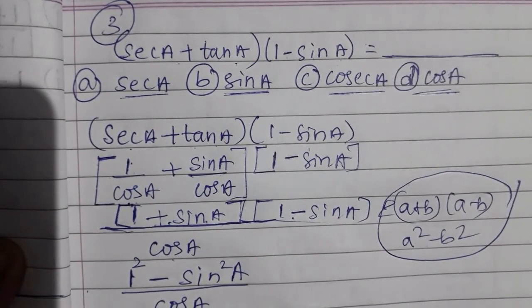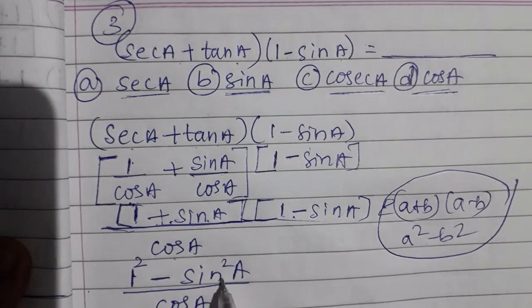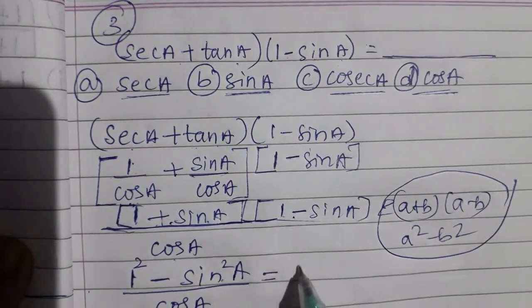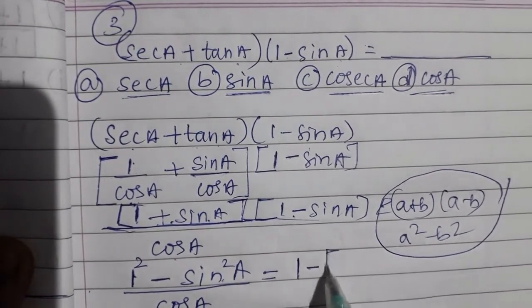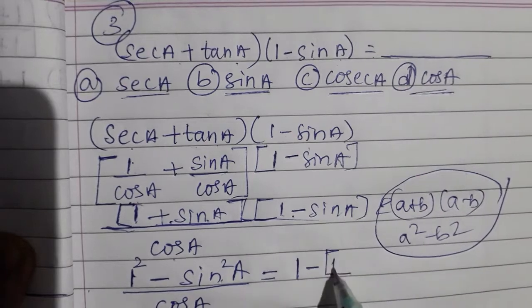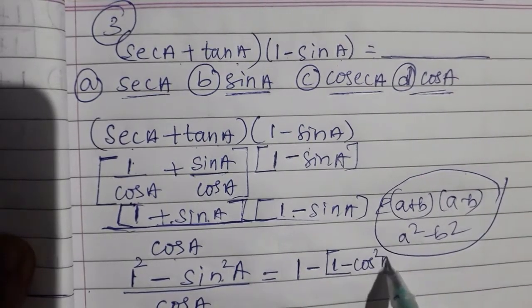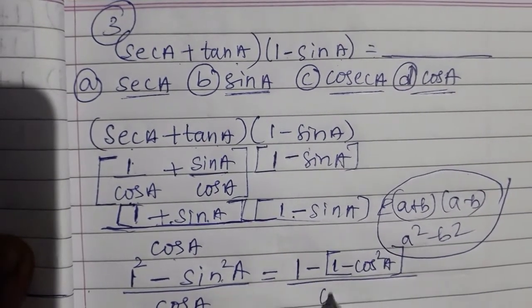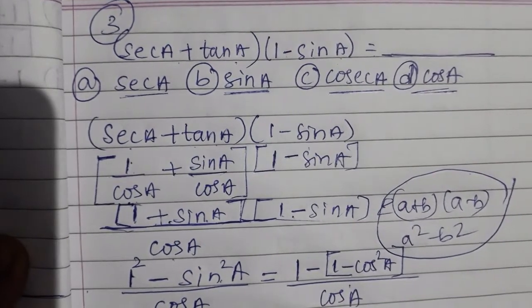Okay. So now in place of sin square A, I can definitely introduce an identity. You can notice here sin square A is equal to 1 minus cos square A. So (1 minus cos square A) by cos A.